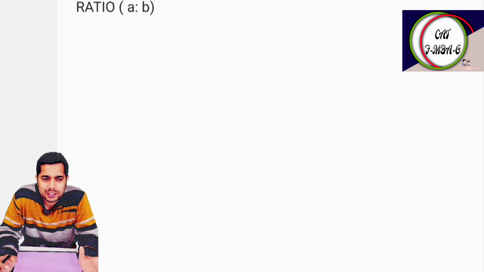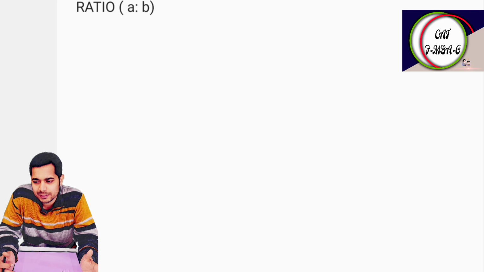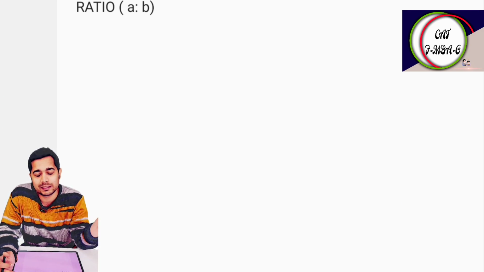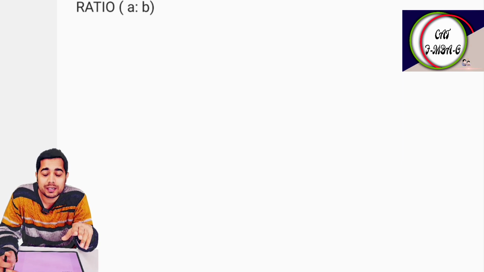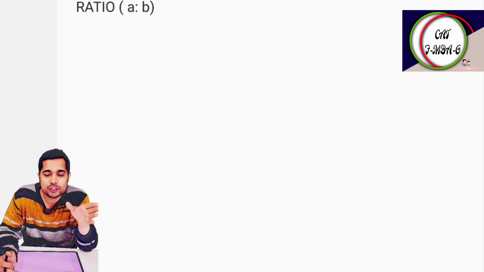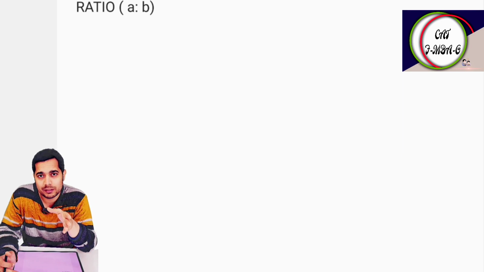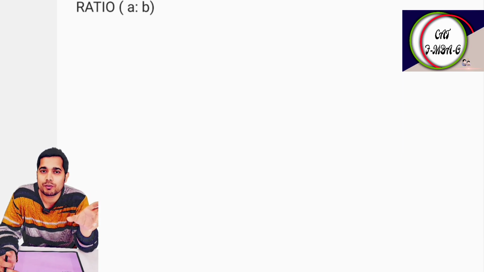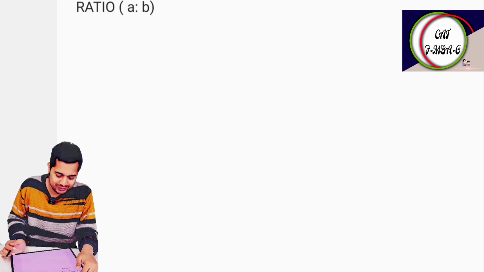Essentially, to understand what a ratio is, let us say one person has 2 bicycles and another person has 10 bicycles. What is the ratio of person A to person B in respect of the number of bicycles? Then the ratio is going to be 2 by 10. So let me show you.